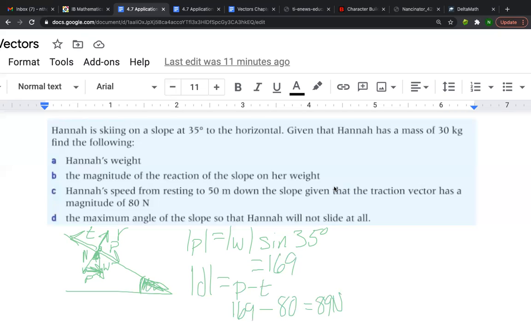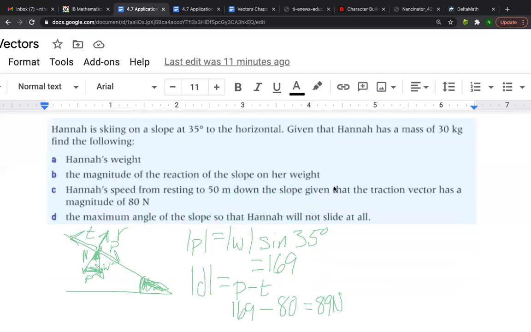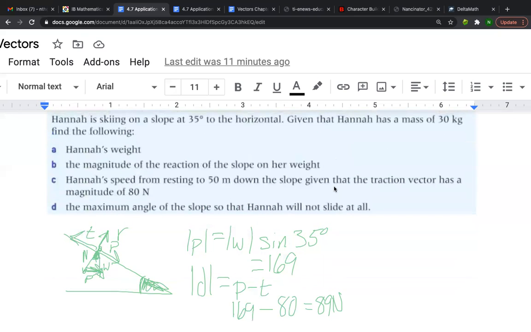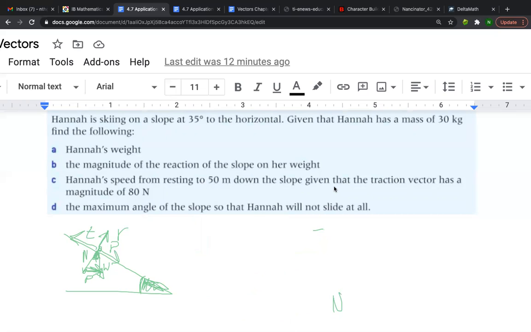And then we know that acceleration is that divided by her mass.